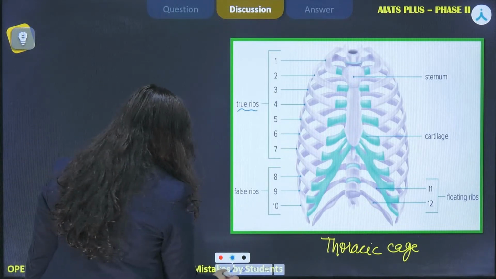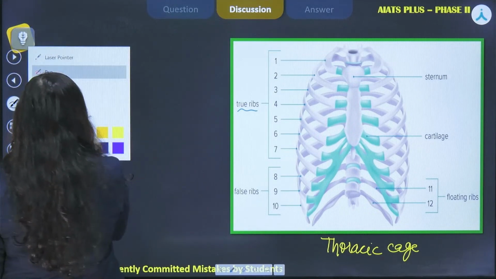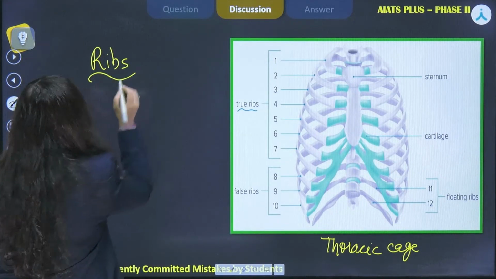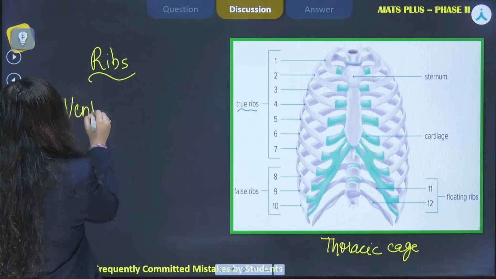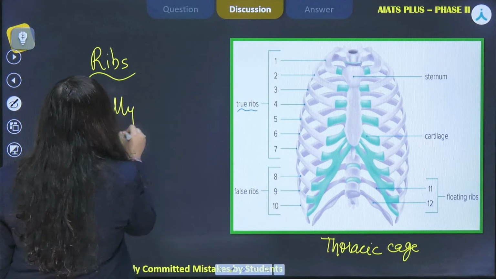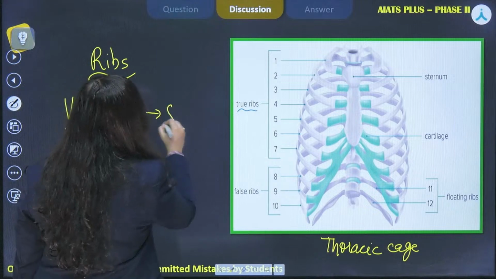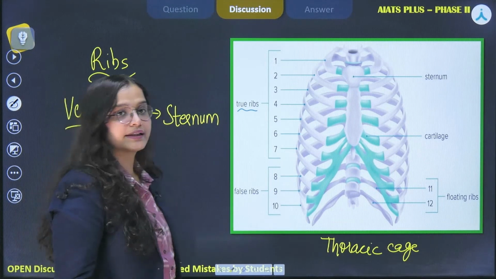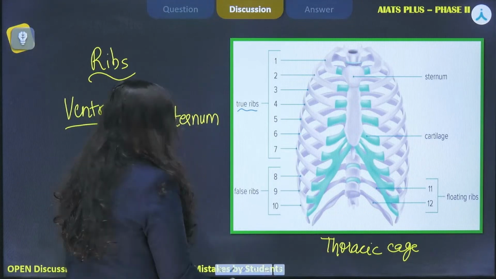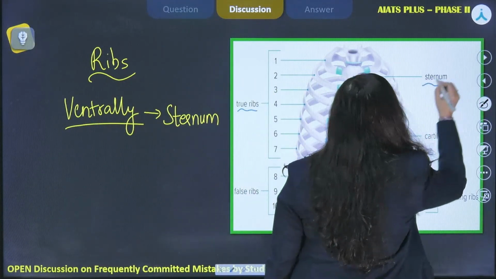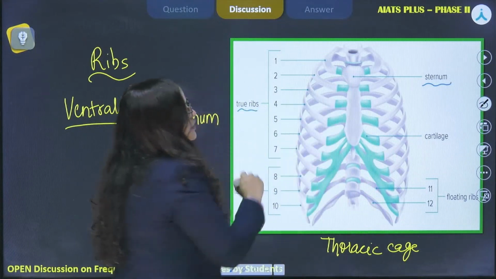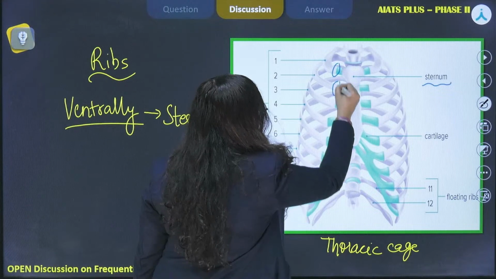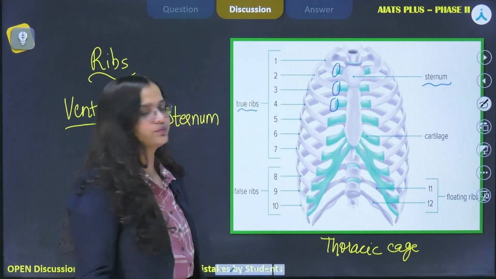Ribs are attached ventrally to the sternum, as we can see in our diagram as well, and to the sternum our ribs are attached with the help of cartilage.